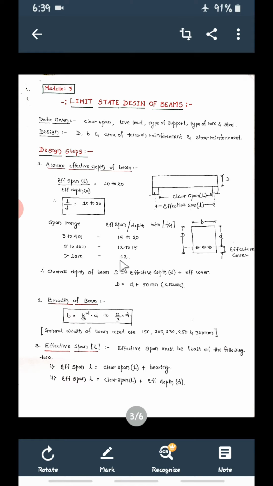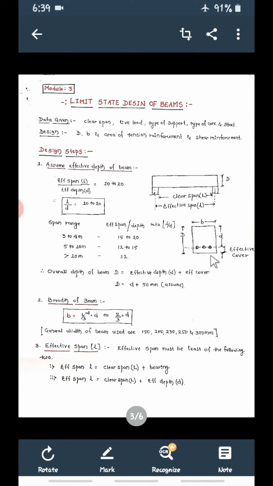More than 10 meter, L by D is equal to 12. L is given in the problem, d we have to calculate, but L by D we have to assume within this ratio, then we can calculate small d. So d is equal to L divided by this ratio.